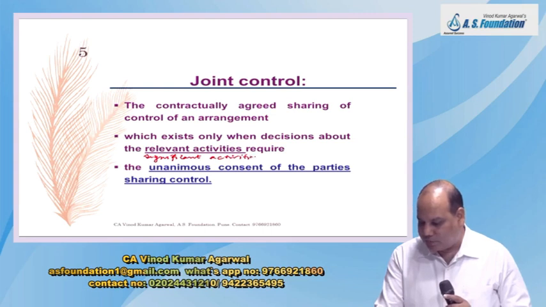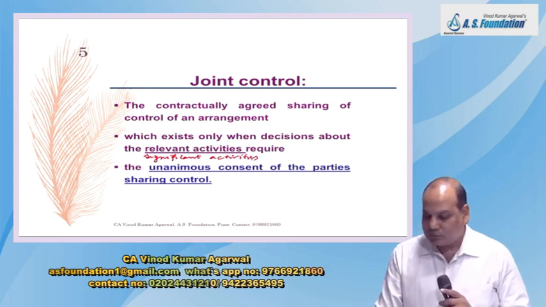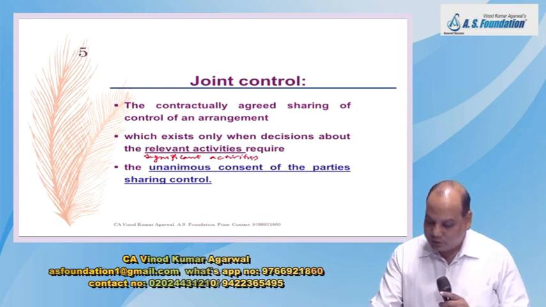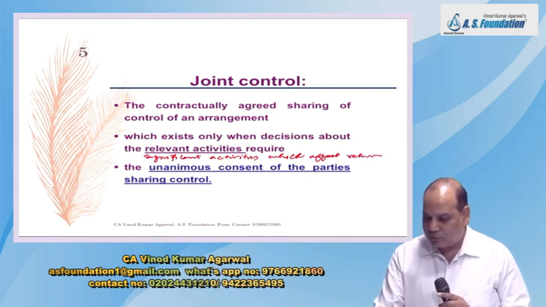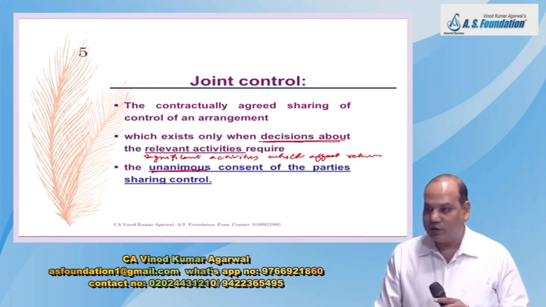Like in a partnership, partners have the power to affect the relevant activities, the significant activities which affect returns. And the decisions about relevant activities require unanimous consent of the parties sharing the control.